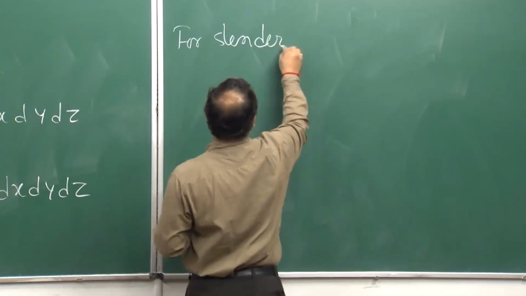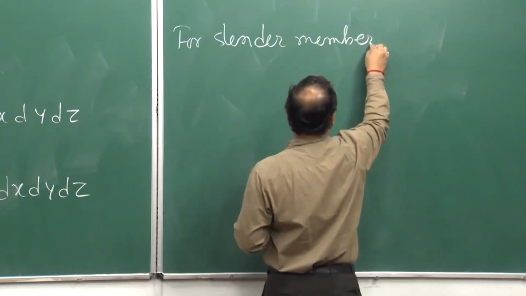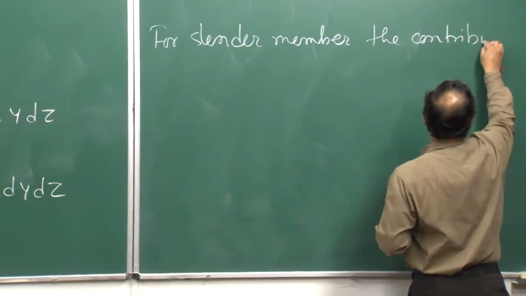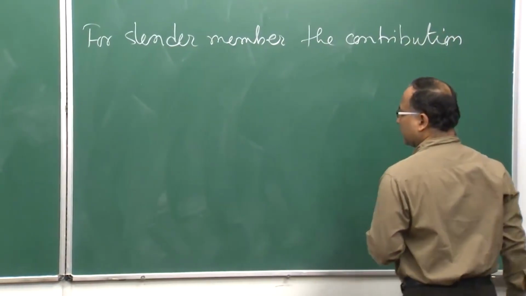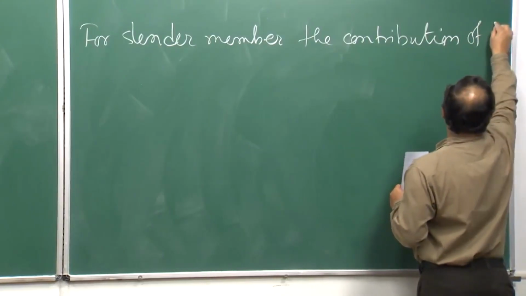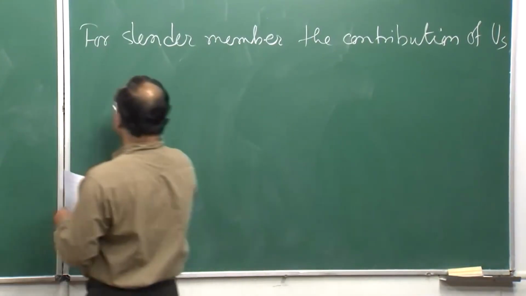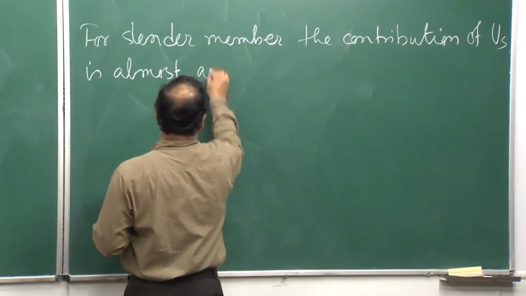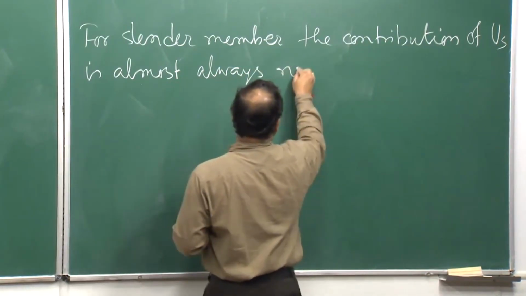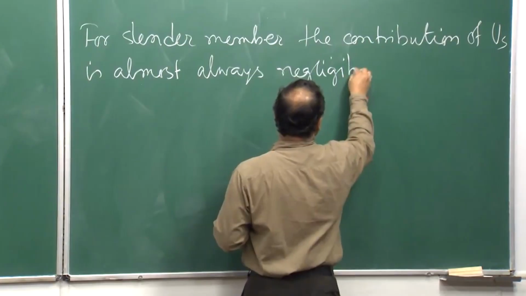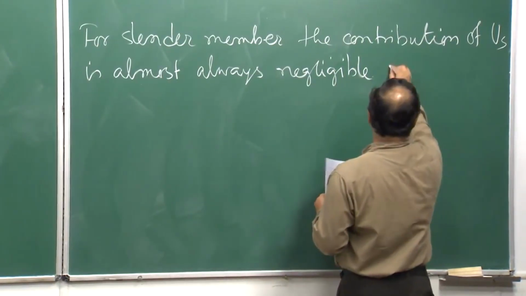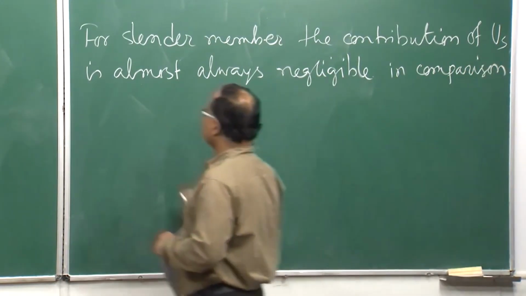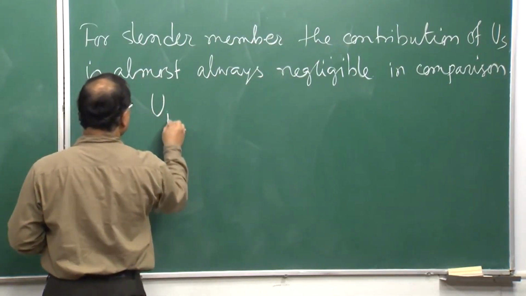So, for a slender member, the contribution of US is almost always negligible in comparison with UB.